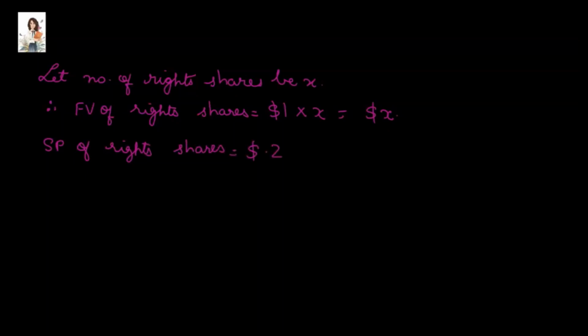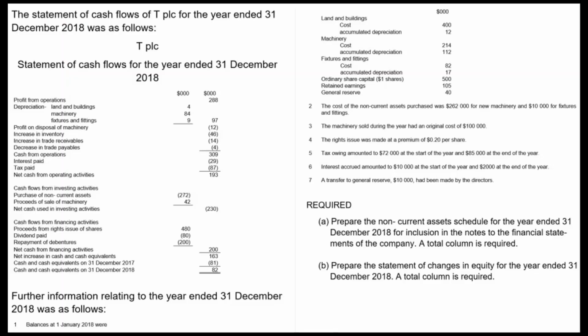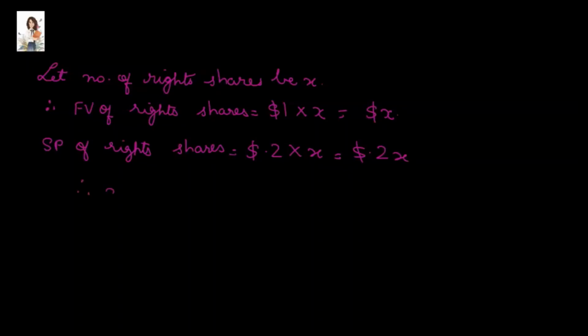So it will be 0.2 into X, that is 0.2X dollars. The company has received $480,000 from the rights issue of shares. Therefore, X plus 0.2X, face value plus share premium on rights shares, is equal to $480,000. That is the total proceeds from the issue of rights shares.